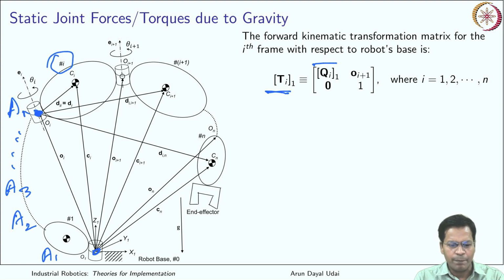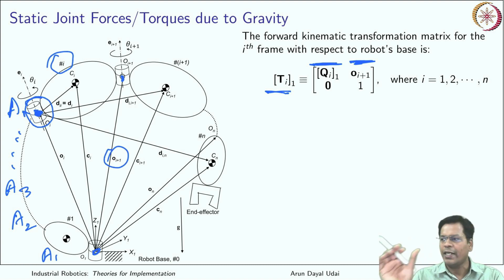So it gives you the orientation of the link frame which is attached here. That is Qi, a 3 cross 3 matrix, and also the position. So link orientation is given by the matrix which is here, and the final position it gives is this one. So Oi+1 is the tip of the link, where your link ends.